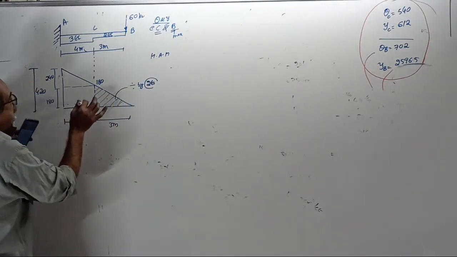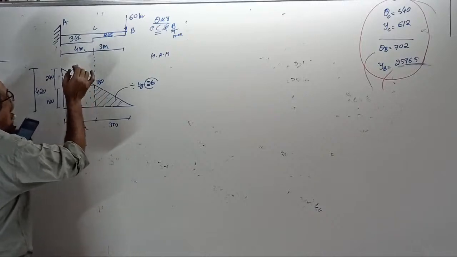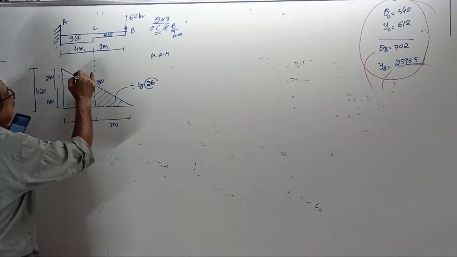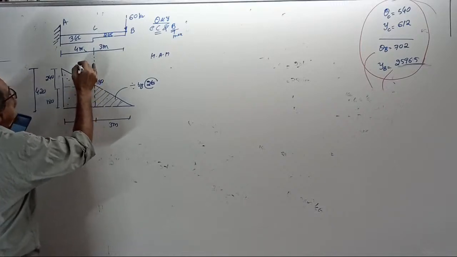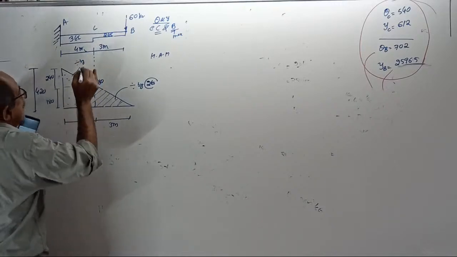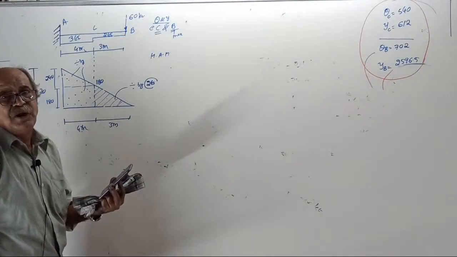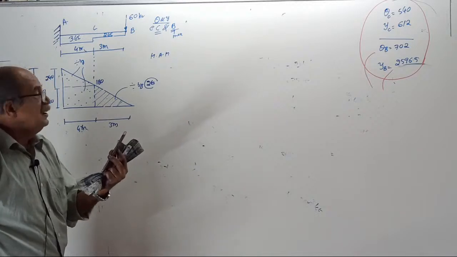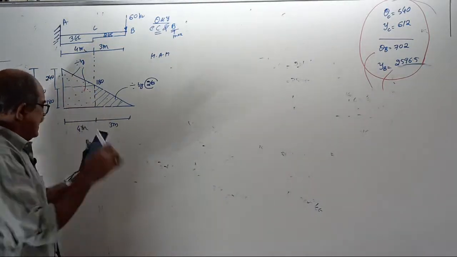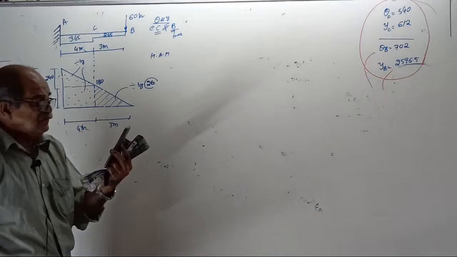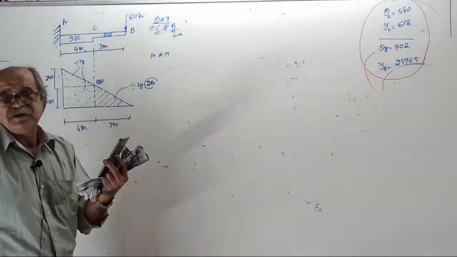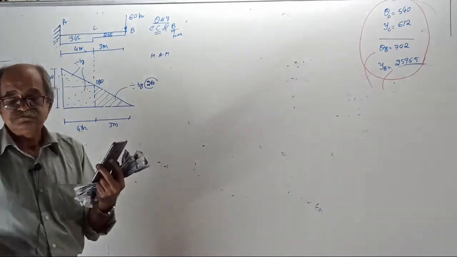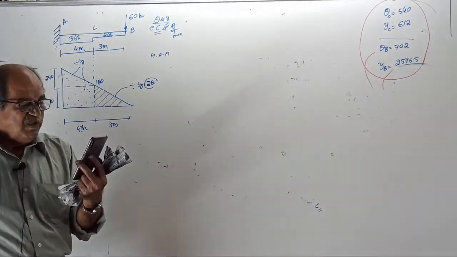Whereas, if I use this diagram or this diagram, for both the diagrams, you should divide by how much? Tell me. If you use this diagram or this diagram, divide by, not 2 EI. Fast.